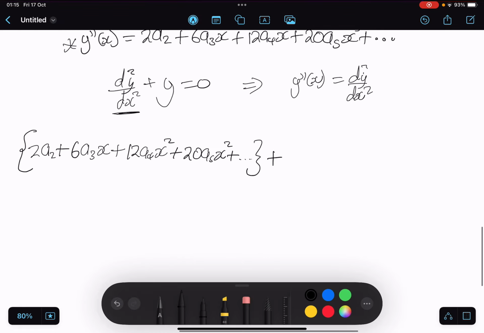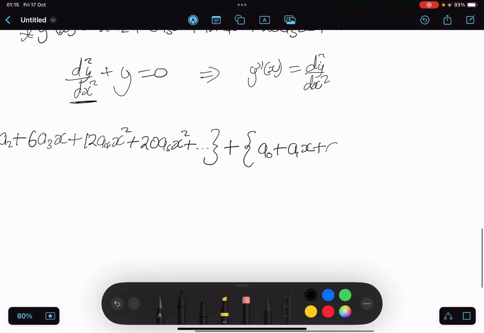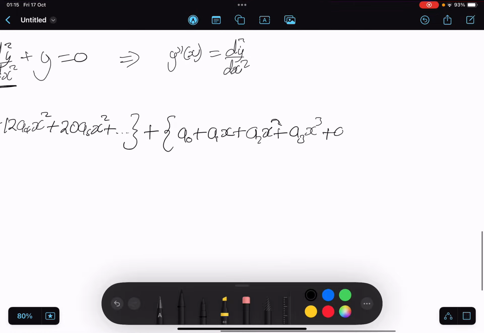So our y is going to be a0 plus a1 x plus a2 x squared plus a3 x cubed plus a4 x to the power 4 plus a5 x to the power 5 plus it continues.